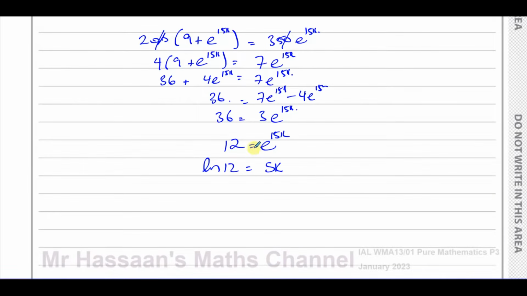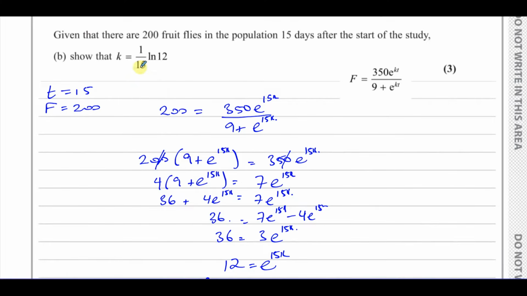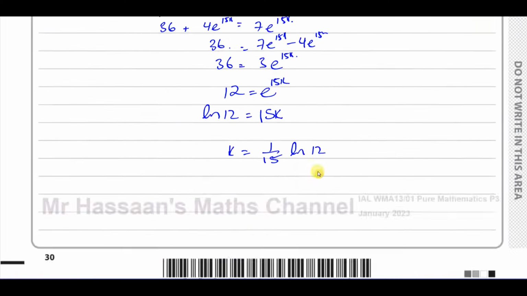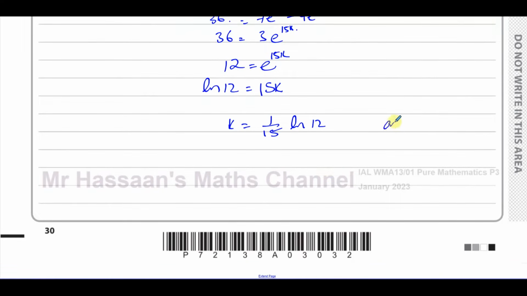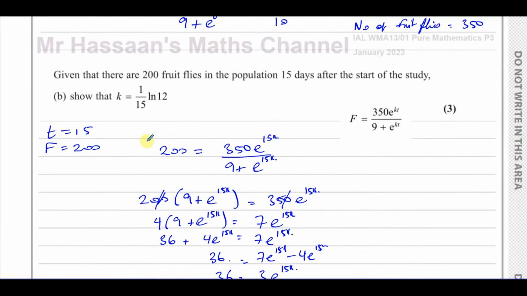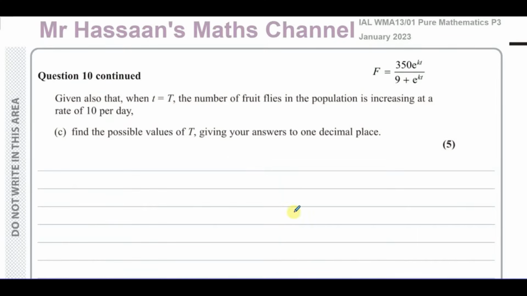You use the power law: 15k times ln e, which is 15k times 1. Now we can divide both sides by 15, so k equals 1 over 15 times ln 12, which is what we were required to show. So this is our answer for part B.